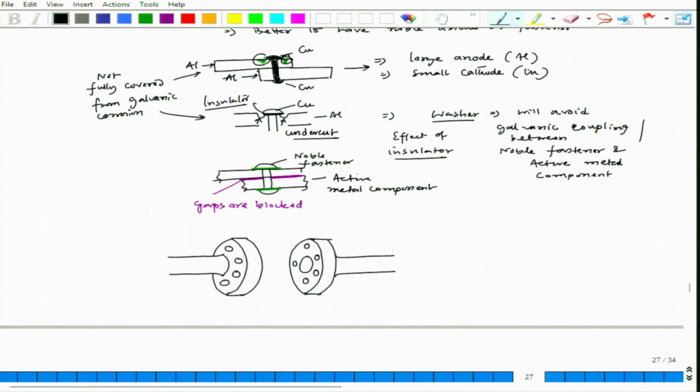We can use an insulating gasket between these two.